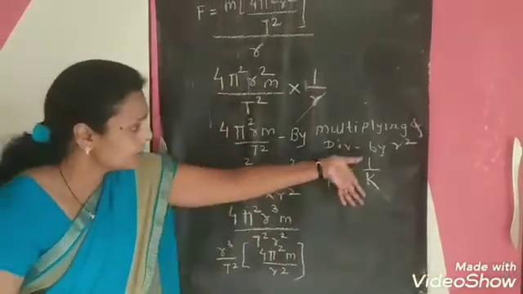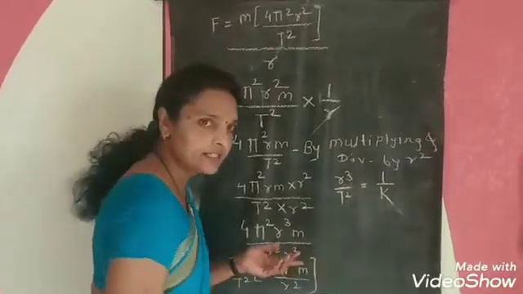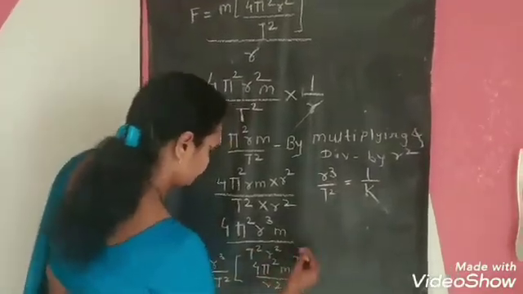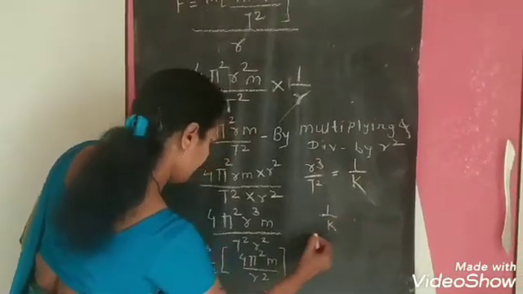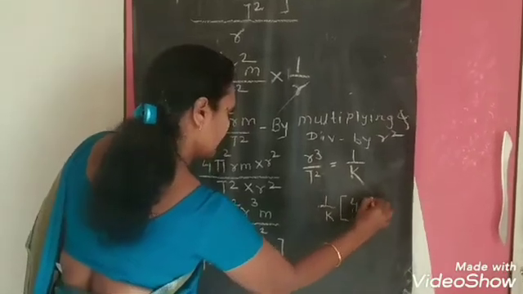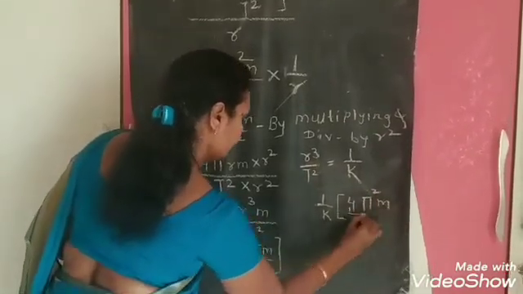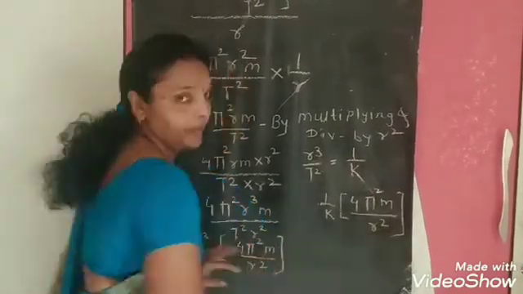By putting this 1 upon k into our formula, what will we get? See, 1 upon k into bracket 4 pi square m upon r square.